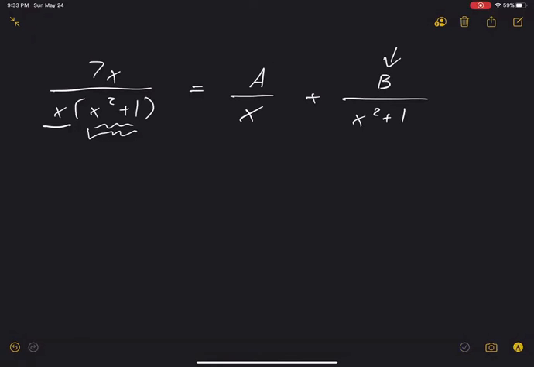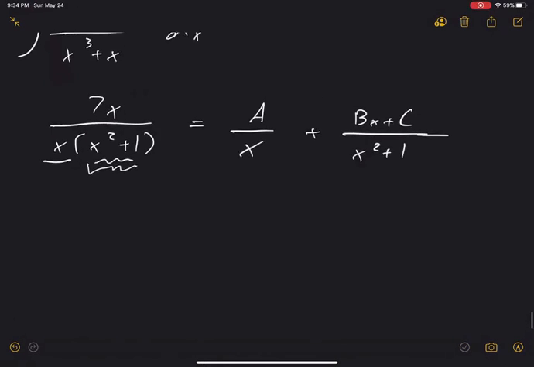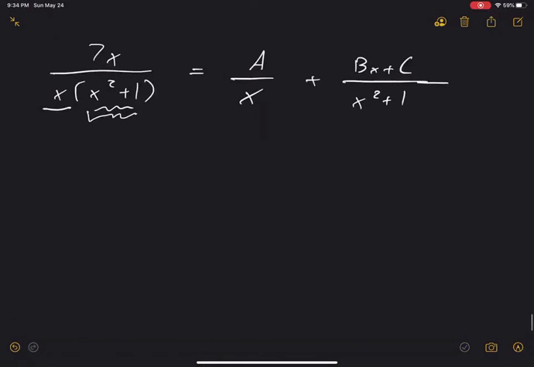Instead of just a constant, I'm going to have a linear term, Bx plus C, all in the same fraction. So let's rewrite this a bit neater: A over x plus Bx plus C over x squared plus 1. The rest of the steps are the same. I would multiply both sides by this denominator, and then my steps for solving my constants are the exact same.